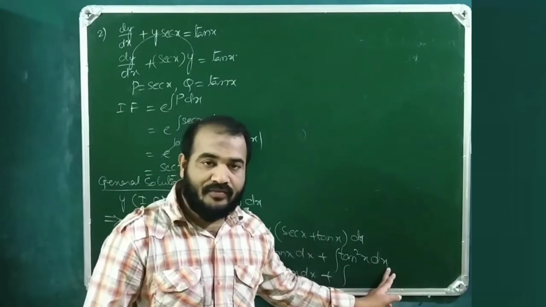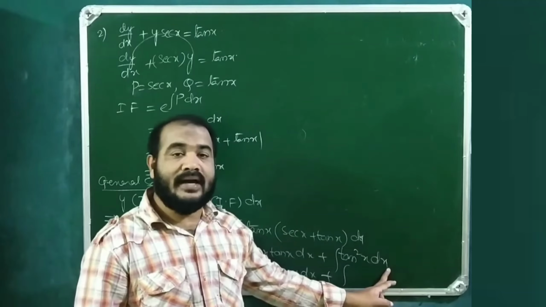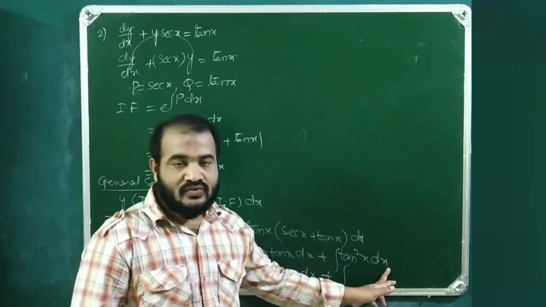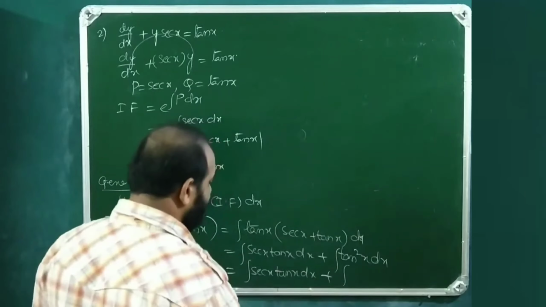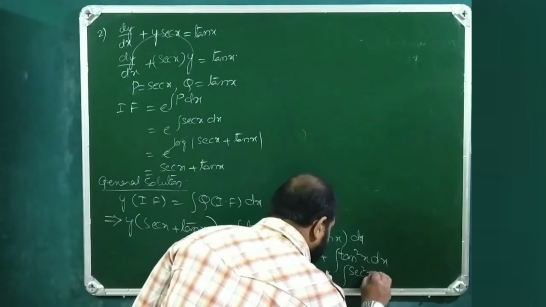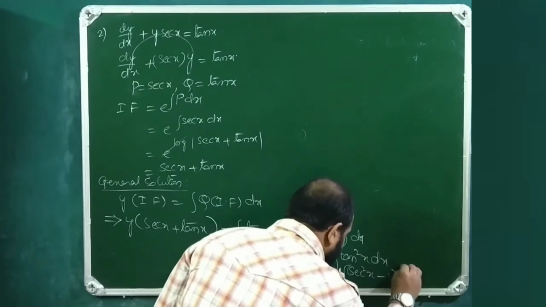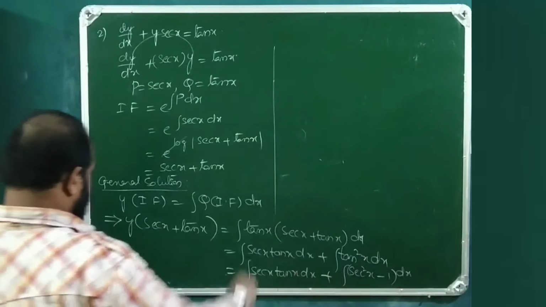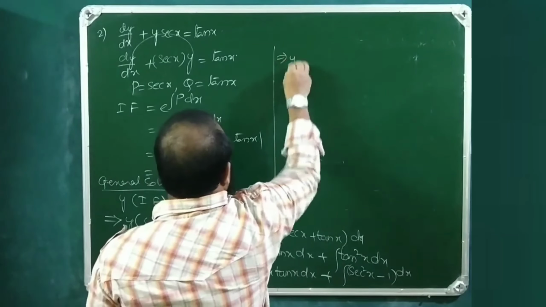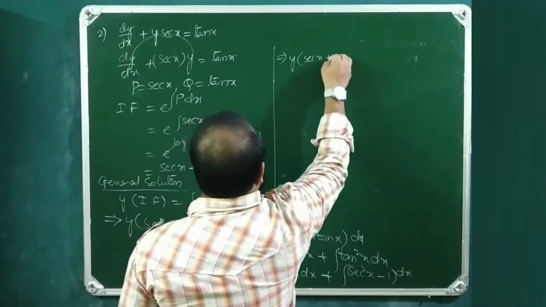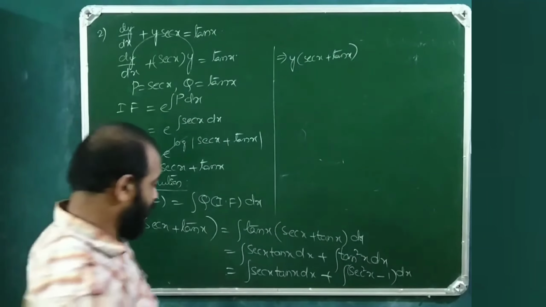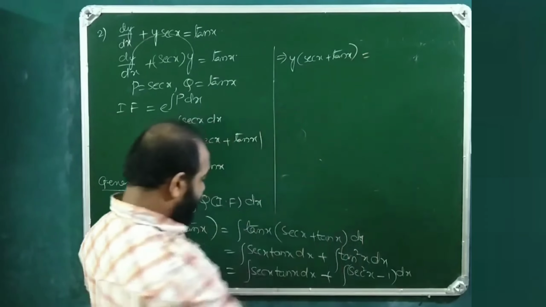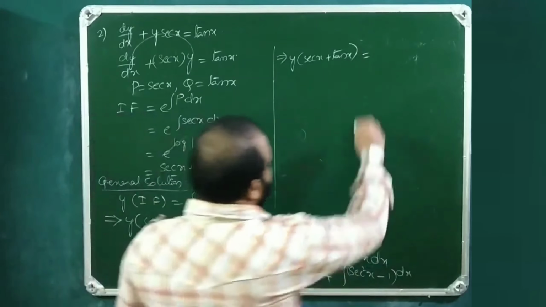We don't have a formula for this, but secant square x minus tan square x equals 1, so secant square x minus 1 is equal to tan square x. This is integral secant square x minus 1 dx. So y into secant x plus tan x is equal to integral secant x tan x dx, which is secant x.